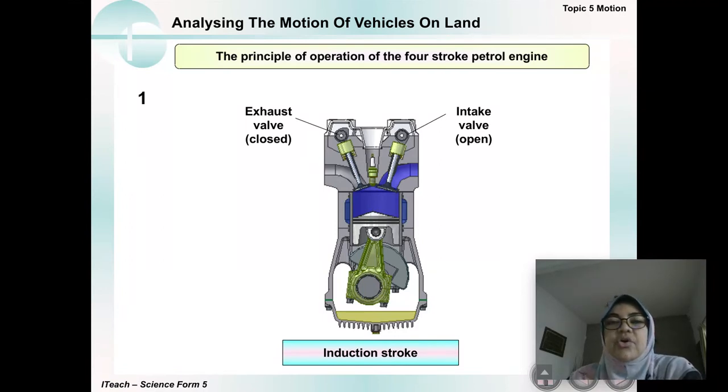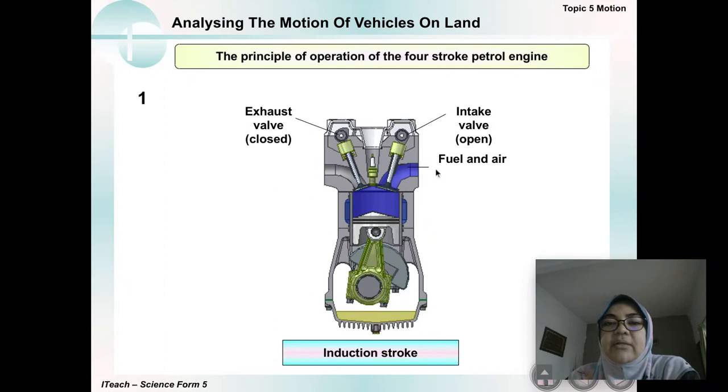Okay, so petrol engine dia ada exhaust valve here, and then dia ada intake valve. Dan pada induction stroke, exhaust valve close and then intake valve open.